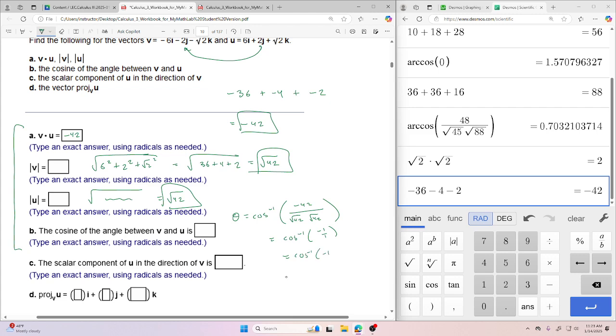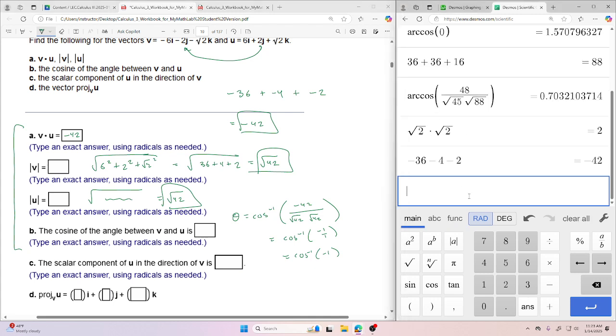So what's the arc cosine of -1? Calculator. Yeah, that's what I'm thinking too. Oh, there you go. Look at that. Or 180 degrees.